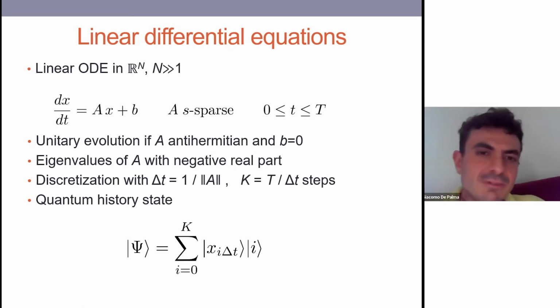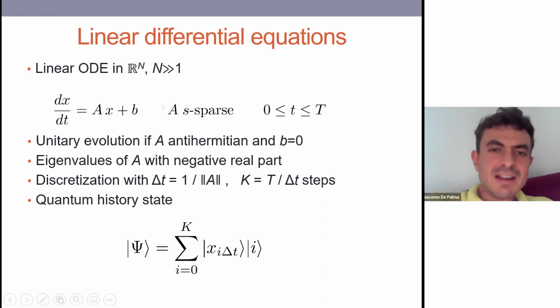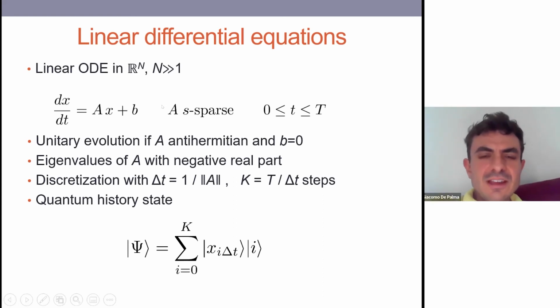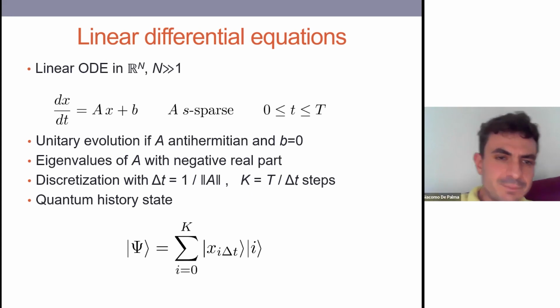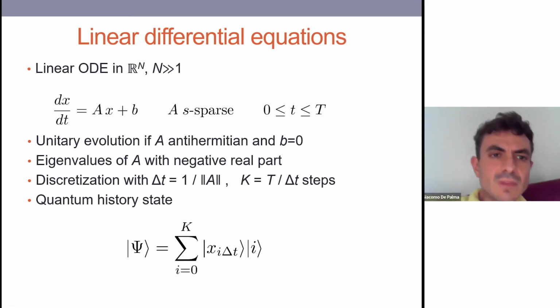Actually here we have been more precise. We say that A is s-sparse if each row and each column of A have at most s non-zero elements. Here you can easily see that if b is 0 and A is anti-Hermitian, we recover the unitary evolution.